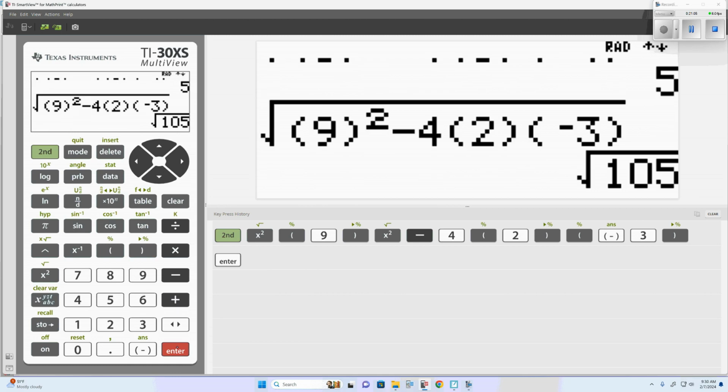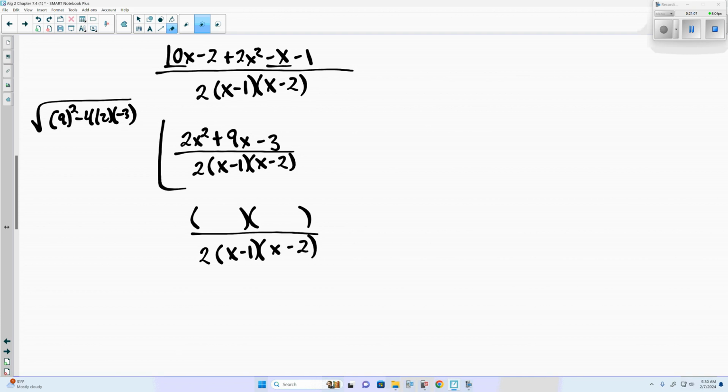It doesn't. So that's as far as it goes. Because we could go through the process of doing 2x, and the closest we can get to is 7x as our middle term. So it doesn't factor.